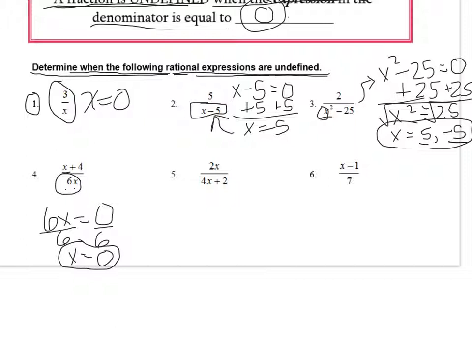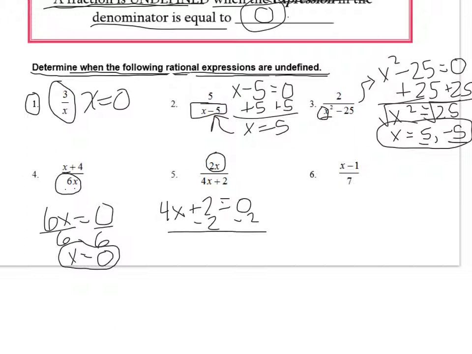Looking at 5, it's okay that there's a variable in the top, because the top has nothing to do with making a fraction undefined. In order for a fraction to be undefined, whatever's in the bottom has to equal 0. So I'm going to take the bottom of the fraction, 4x plus 2, and set it equal to 0. And then let's solve for x.